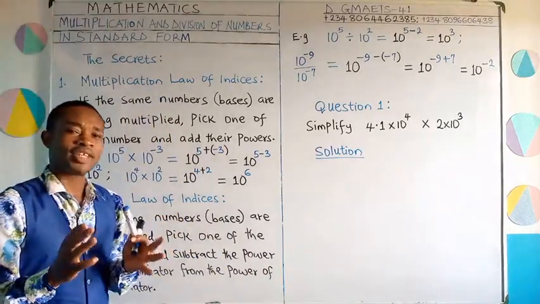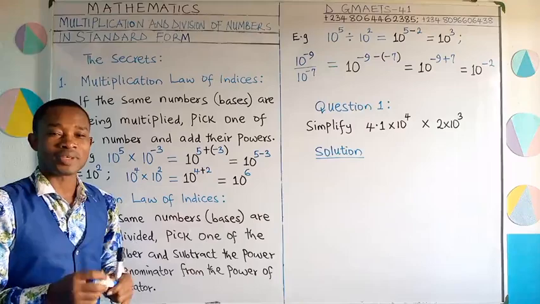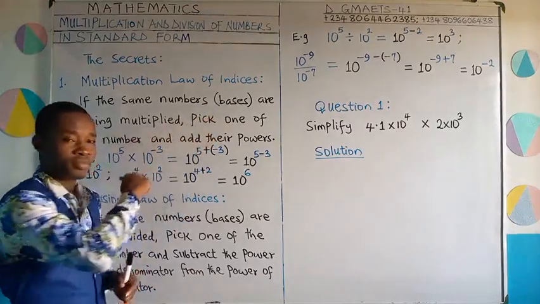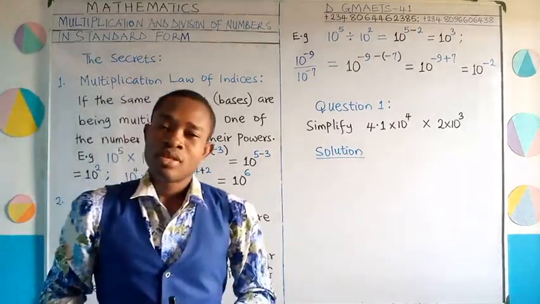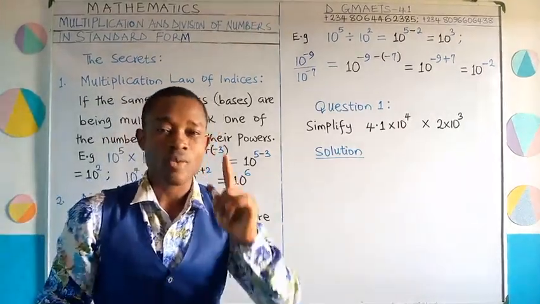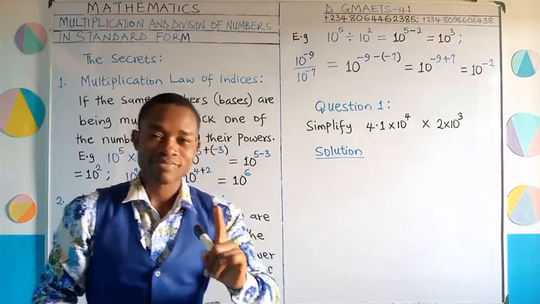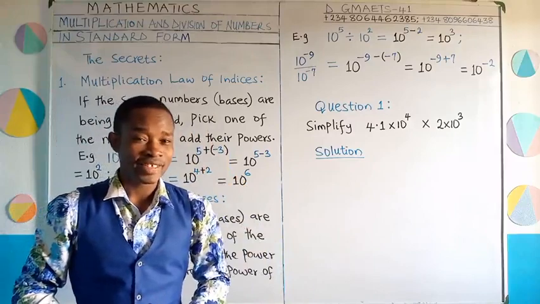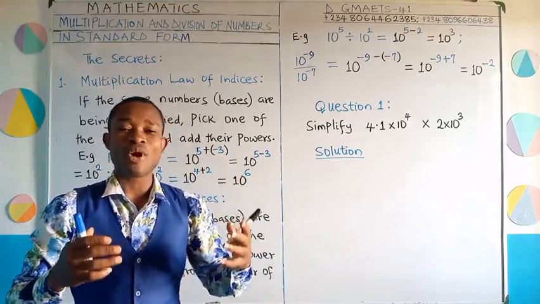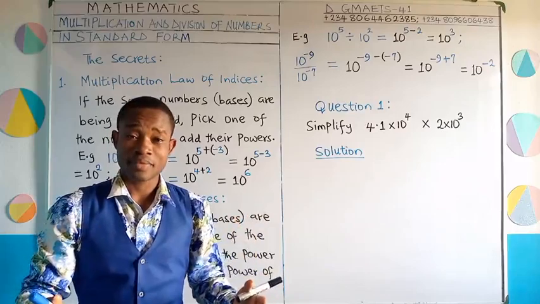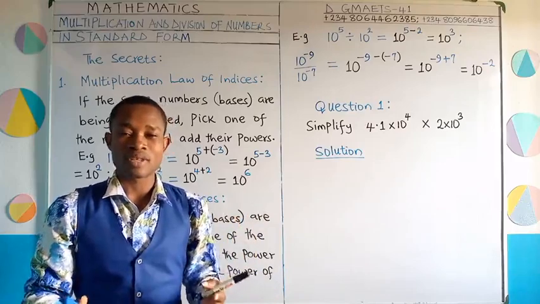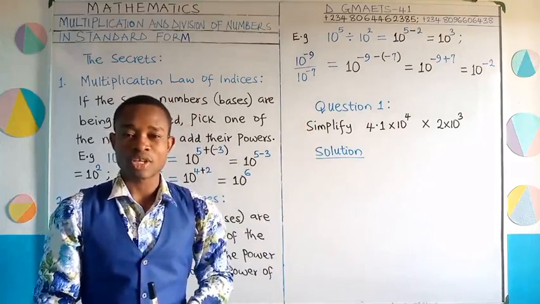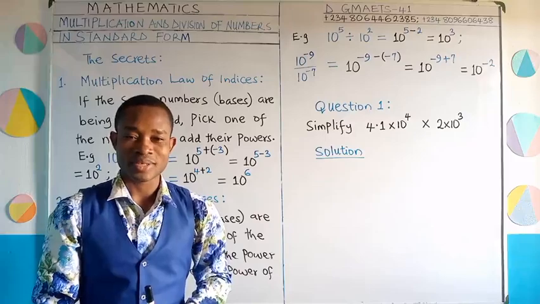It tells us that if you are multiplying the same numbers, which we refer to as bases, you are expected to pick one of the numbers and then add their powers. Once again, you are multiplying two or more numbers that are the same. Simply pick one of the numbers and add their powers. That is what the multiplication law of indices tells us.